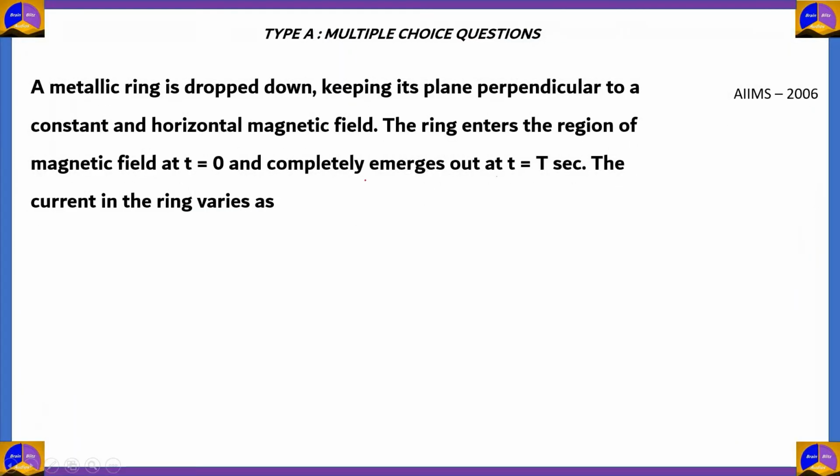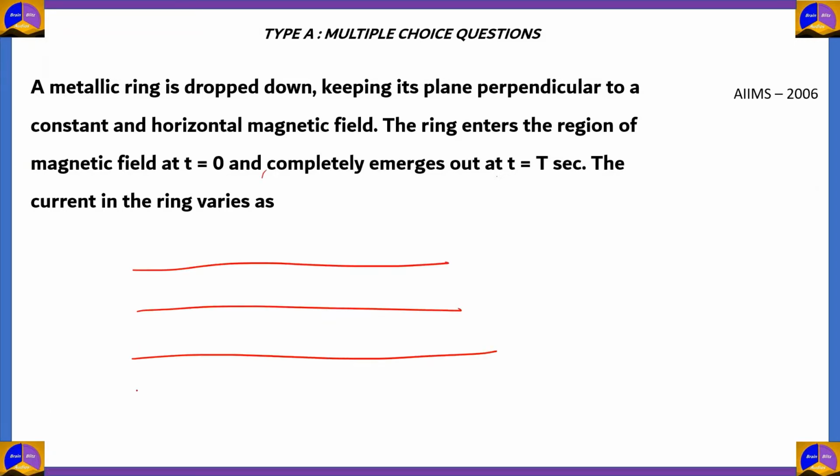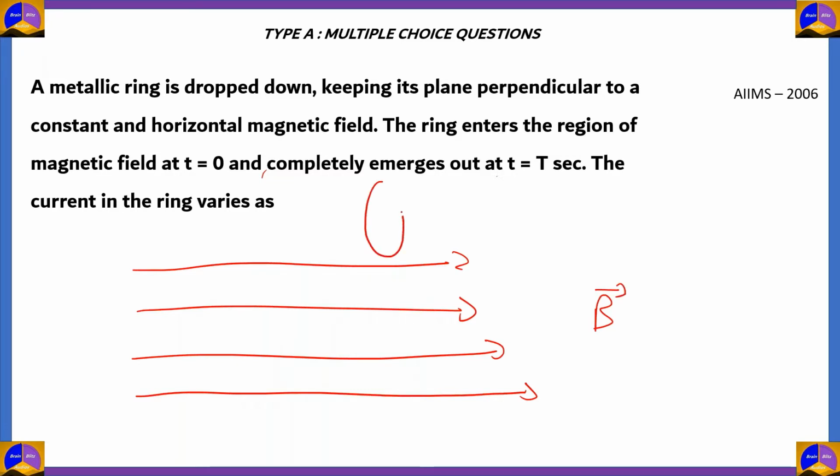So since this question has no diagram, let's draw a diagram. So basically, we have a horizontal magnetic field. This is constant. Now let's consider this as B. And you can see that there is a metallic ring which is dropped down.